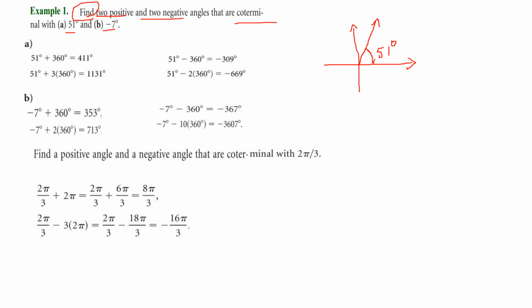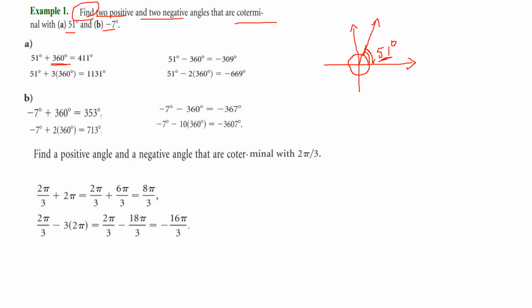So if you move the same way, and make a complete rotation and keep it in the same place, what we have to do for a positive angle is add 360 degrees. They're asking for two positive angles, so you can add 360 degrees one more time.